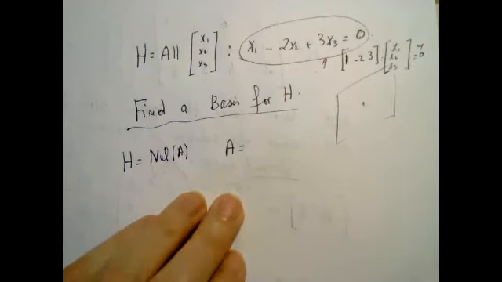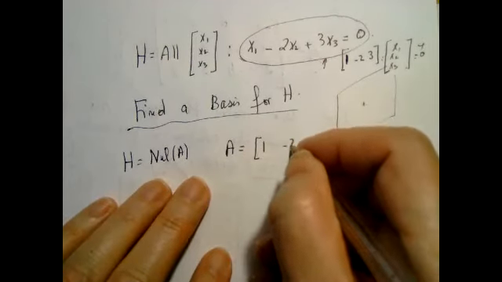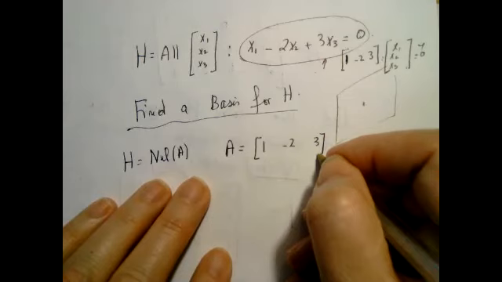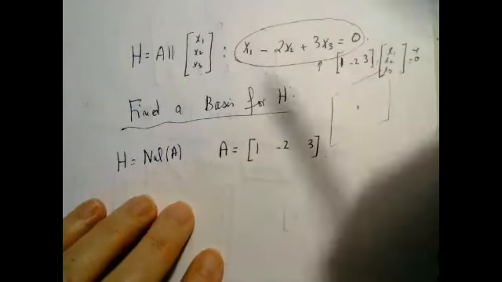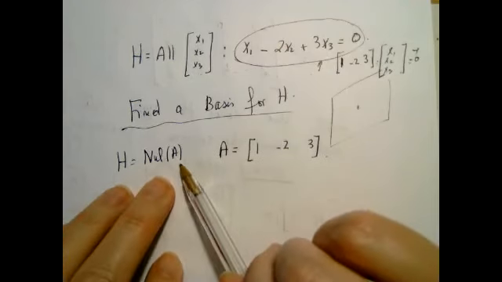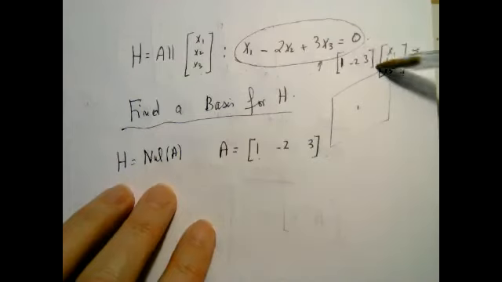So I can think of H as nothing more than the null space of a matrix, and this matrix is 1, minus 2, 3.